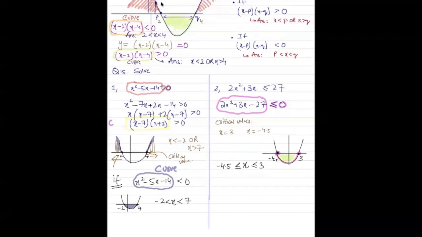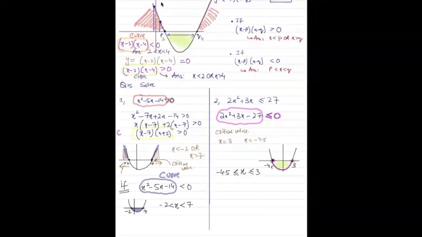Sir, why greater than or equal to, or less than or equal to? Not just because the question had less than or equal to. The question said, for what values of x is your curve less than or equal to 0? It is equal to 0 at -4.5 and 3, and it is less than 0 between -4.5 and 3. So x must be greater than or equal to -4.5 and less than or equal to 3.